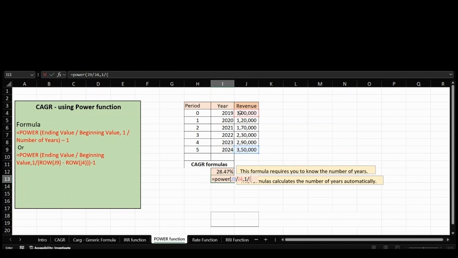Here we don't have a number of years, so we are going to calculate it in such a way that the number of years is obtained automatically. Okay, so here we have to give cell references. So first we write row and then cell reference of the ending value minus cell reference of beginning value.